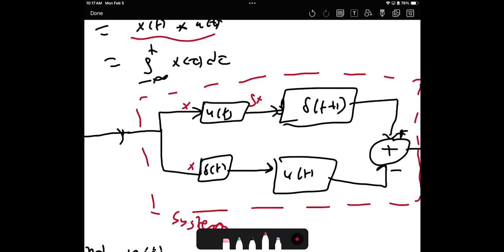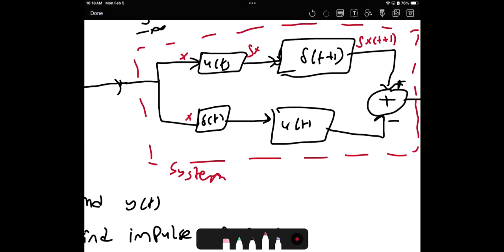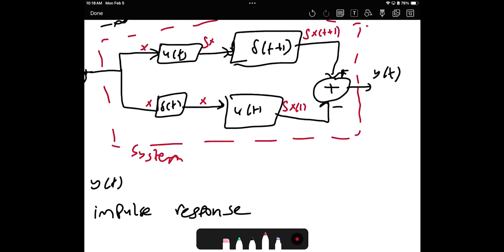Then we have delta, this means the integral of x of t plus 1, because we have a phase shift. Delta alone, nothing, but when there's plus 1, t plus 1 means there is a phase shift. Okay? So we have integral with phase shift. This is the top side. The bottom side, x, and we have delta remains x, then we have u, the integral of x of t. So there is sum and subtraction.